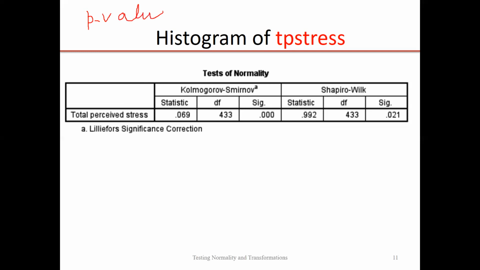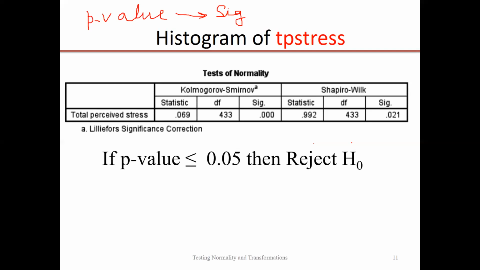Whatever value we have in the sig column is known in statistics as the p-value. We have the sig value of the Kolmogorov test and the sig value of the Shapiro test, and this is the hypothesis testing accept or reject criterion.